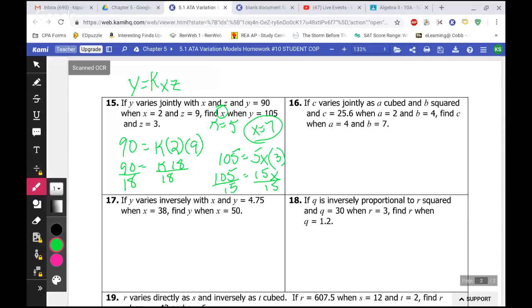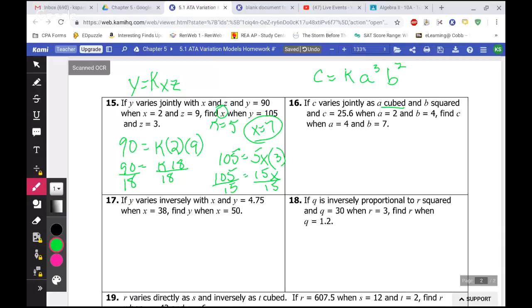If C varies jointly as A cubed and B squared, okay, so what you basically got here is C equals k, and then A cubed and B squared. So that's your initial formula. Does that make sense?